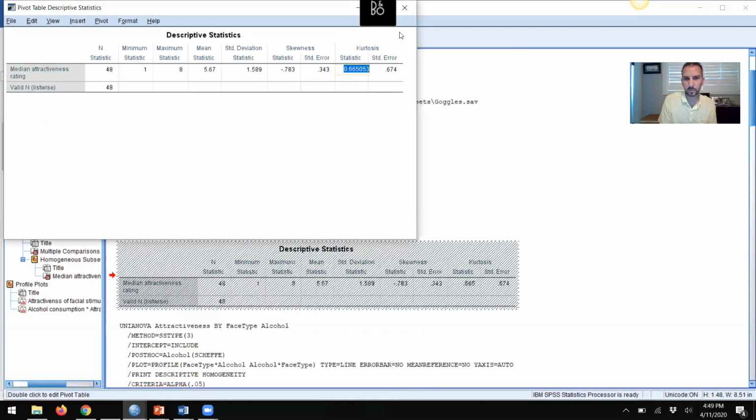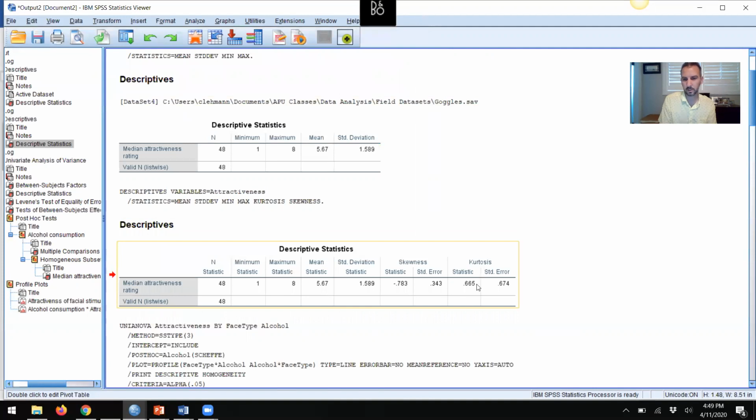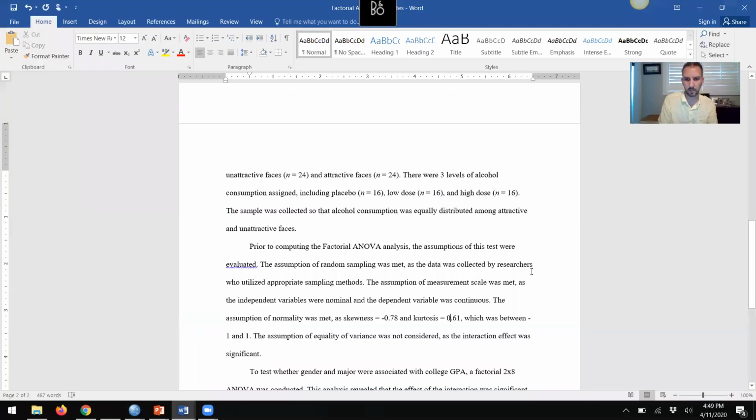Yep, it's a little bit higher, so I'm going to round it up. That's the point to doing that. Because it's a little bit over 5, you round to 0.67. And kurtosis equals 0.67. Which, that's plural, so that really should be which were between -1 and 1.